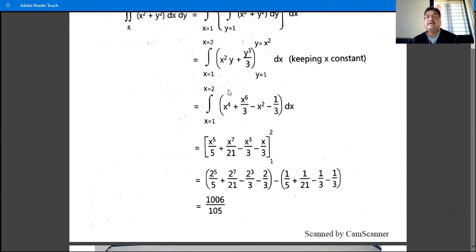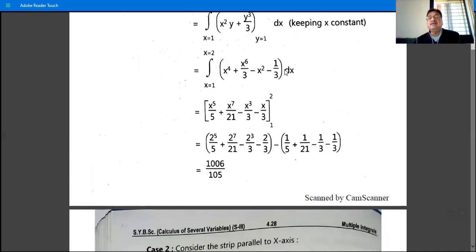So one more step, right here, one more step. Write a square bracket, then write two round brackets. In the first round bracket, write the value at the upper limit, minus, in the second round bracket, substitute y is equal to 1, that is the value at the lower limit. And then we have this step, and then integrating with respect to x. So the integration of x raised to 4 is x raised to 5 by 5.